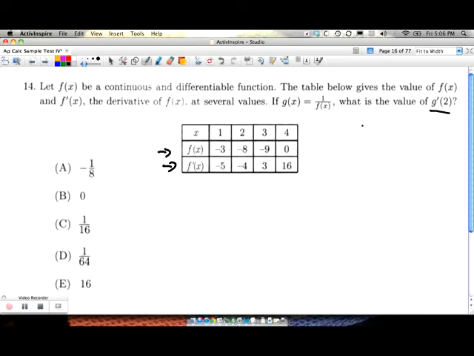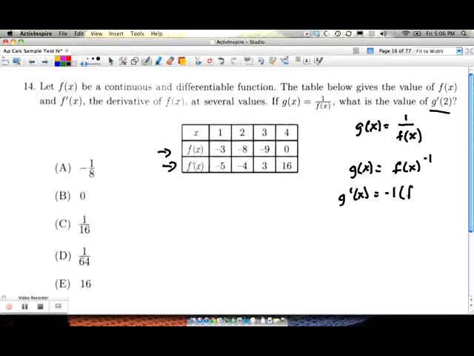Ooh. g of x equals 1 over f of x. Another way of thinking of that is f of x to the negative 1. So g prime of x is going to be a chain rule involving f of x.